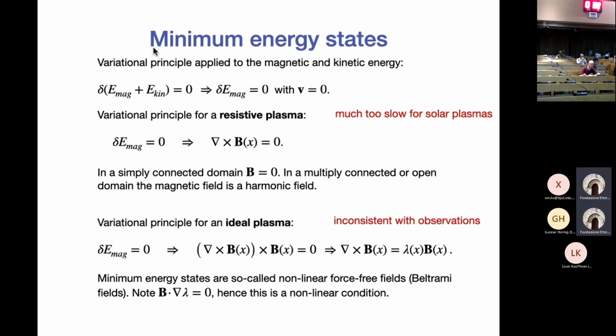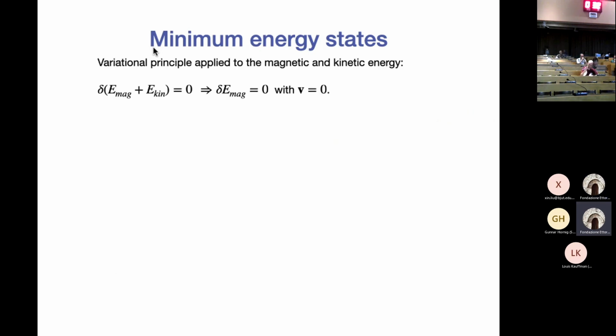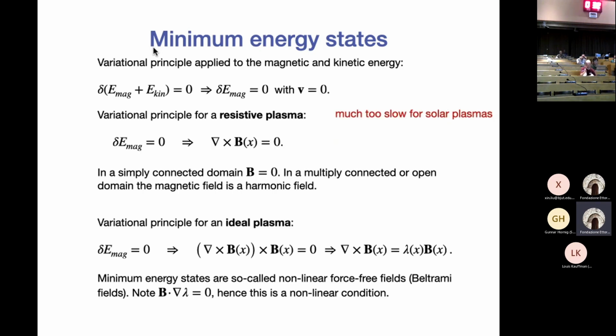So both these extreme cases are not what we are looking for. The resistive case is way too slow to explain what we observe, and the ideal plasma is also inconsistent with the observation, because if it were an ideal plasma, then our continuous braiding would increase the energy indefinitely.